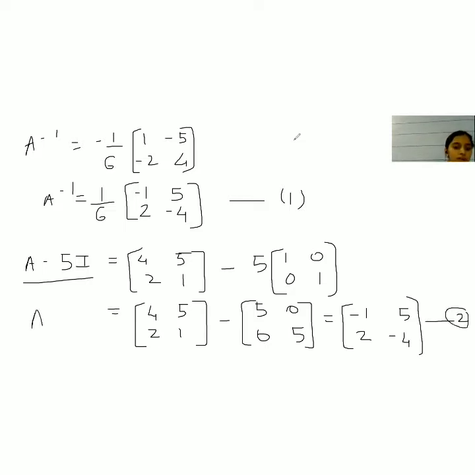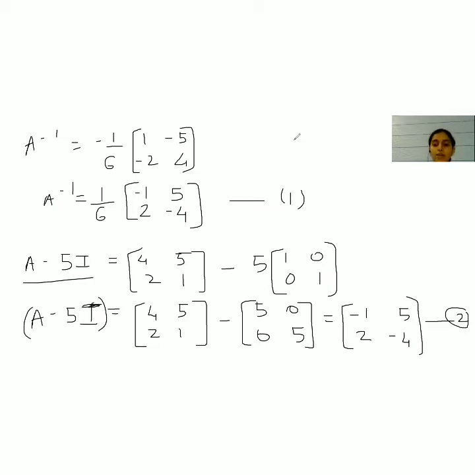So A minus 5I is equal to minus 1, 5, 2 and minus 4. If you observe equation 1, there is the matrix minus 1, 5, 2 and minus 4, and in equation 2 also I have the same matrix.